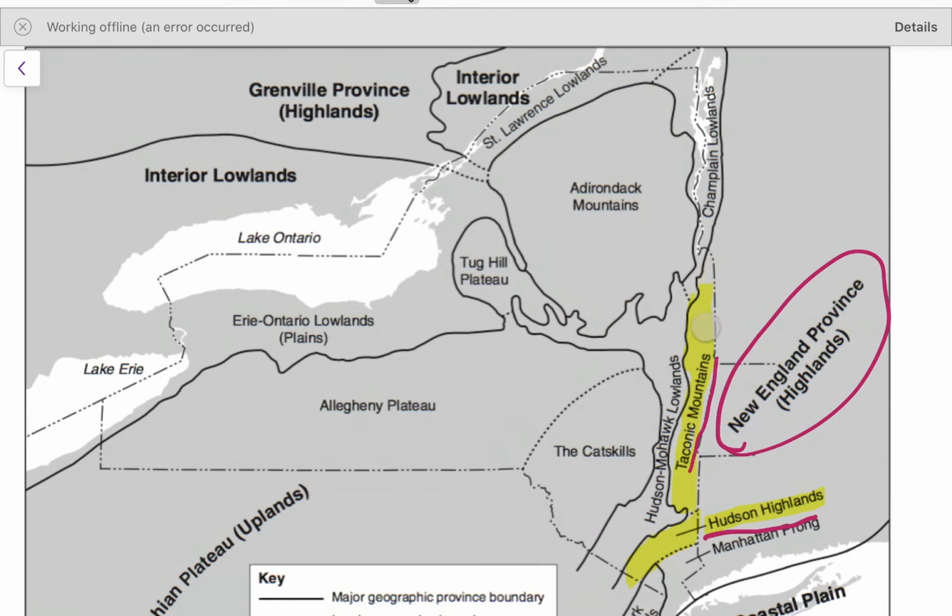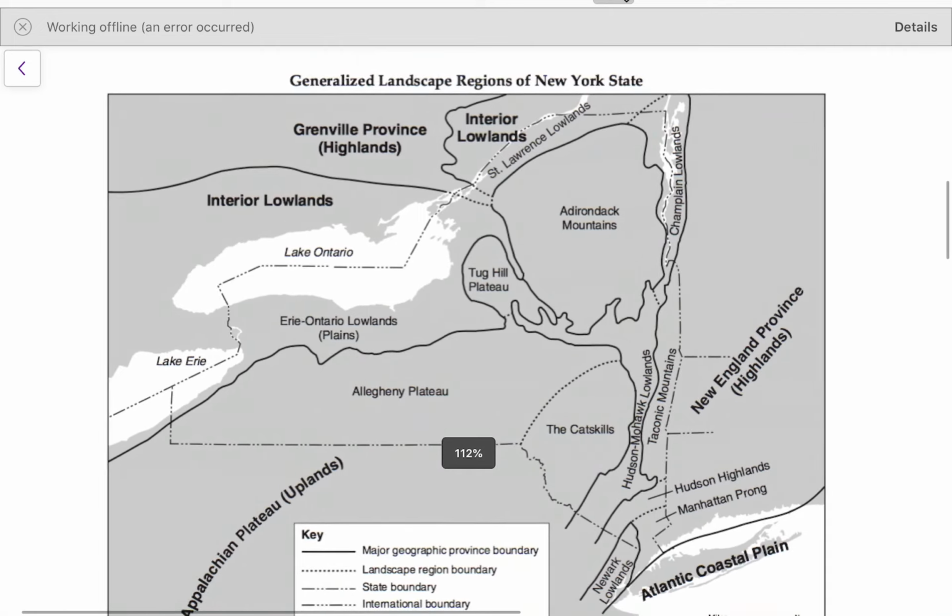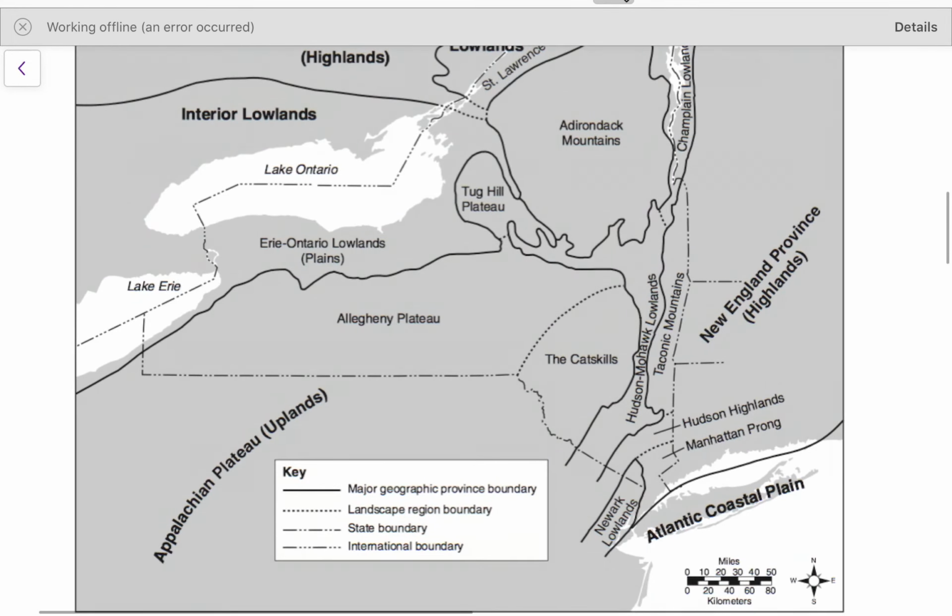Now let's go ahead and look at our second landscape type in New York, our plateaus. Another name for plateau is an upland. So we have the Appalachian Plateau, which is our major geographic province in terms of our plateau.